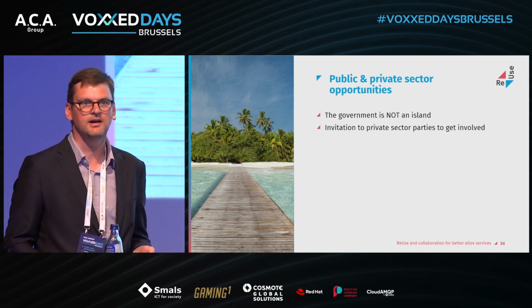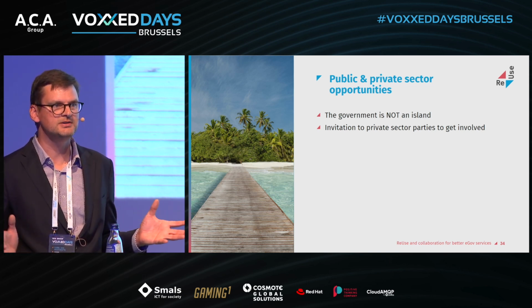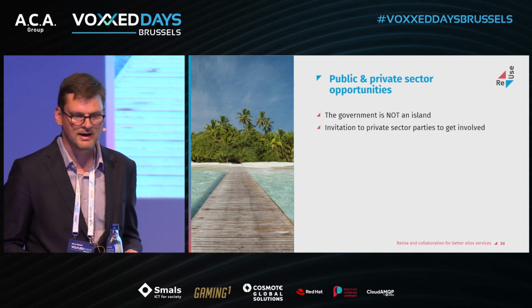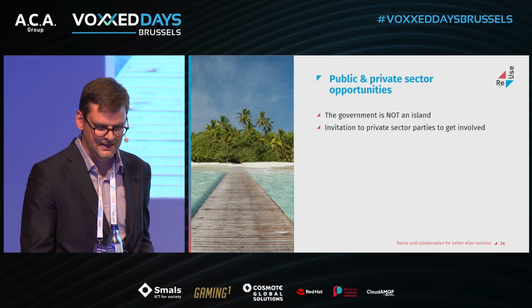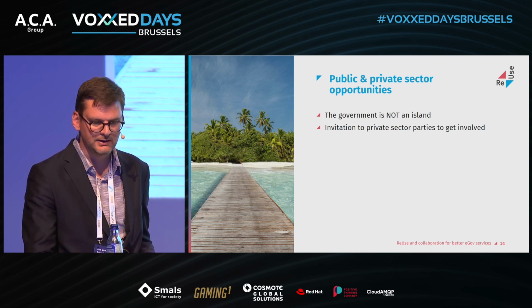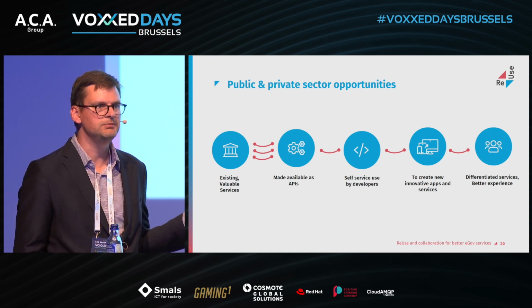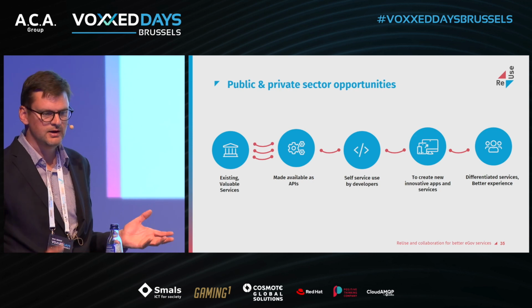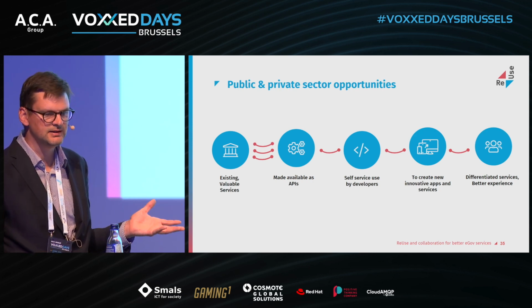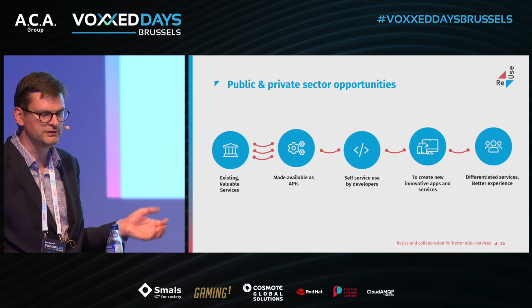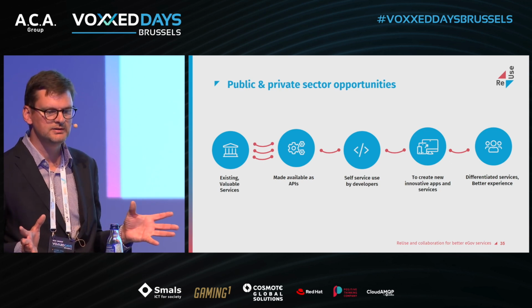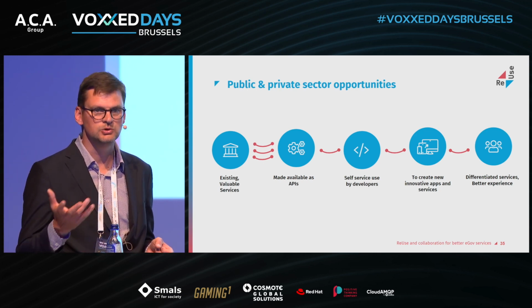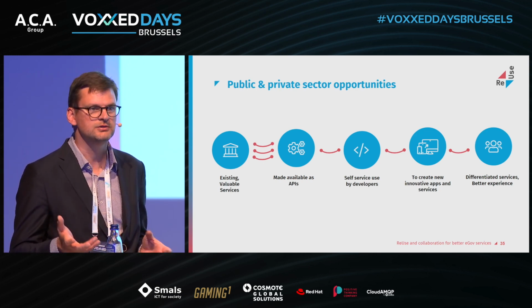And so we say in the API economy, the government is not an island, and we are looking at participation with other actors or stakeholders in the bigger ecosystem. It can be done with APIs, of course, when you see that APIs deliver an already existing value or valuable service. When we make them available with APIs, it can be used by developers to build on and to create new innovative apps and services for the public.